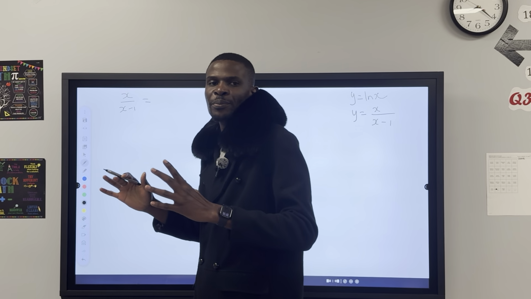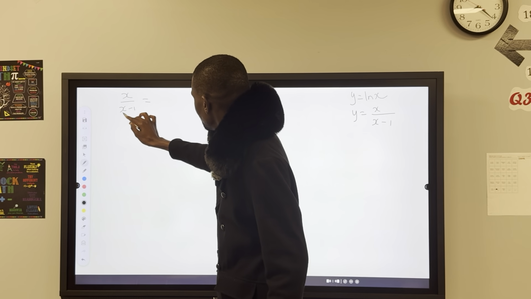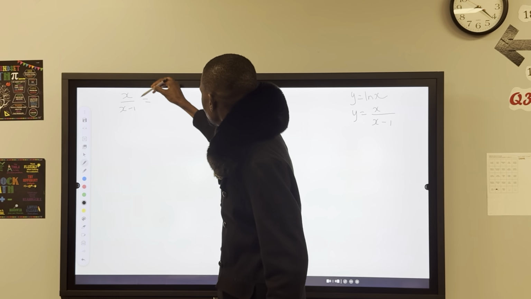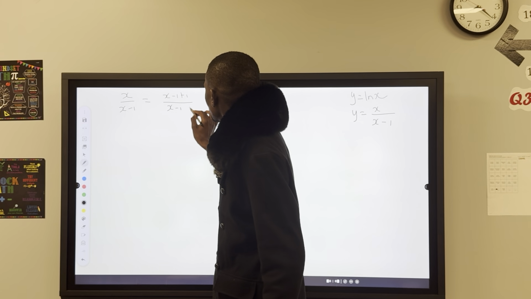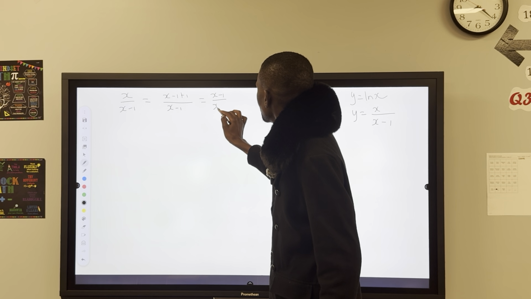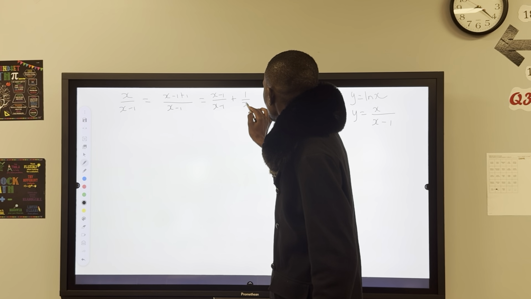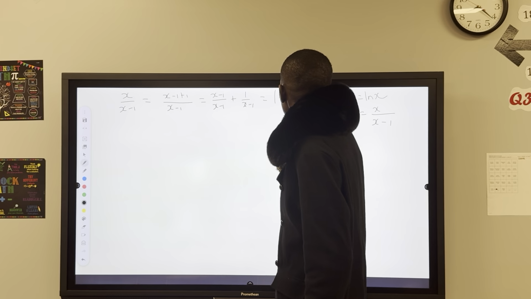For this, we can use algebraic manipulation, or you can divide. So here you rewrite this as x minus 1, but since this was x, you have to add 1 over x minus 1, such that we have x minus 1 over x minus 1 plus 1 over x minus 1, which is just 1 plus 1 over x minus 1.